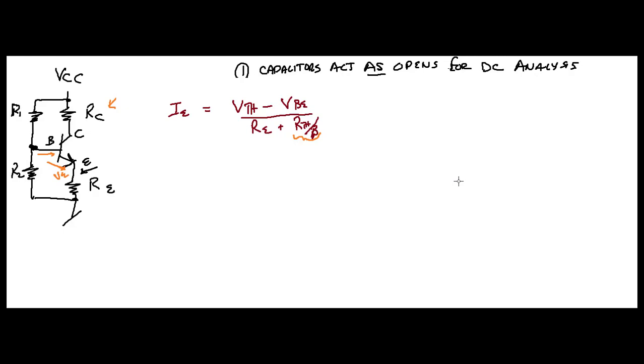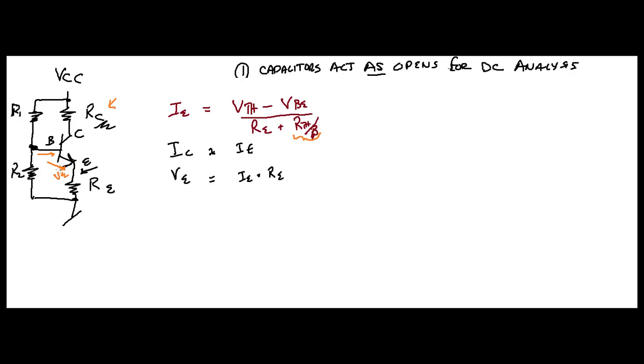So once we know what IE is, what's IE approximately equal to? Give you a hint, it's right here. It's your collector, right? We know IC is approximately equal to IE, right? So you know what IC is. Now look, if you know what RE is and you know what IE is, you also know VE. VE is going to equal IE times RE.